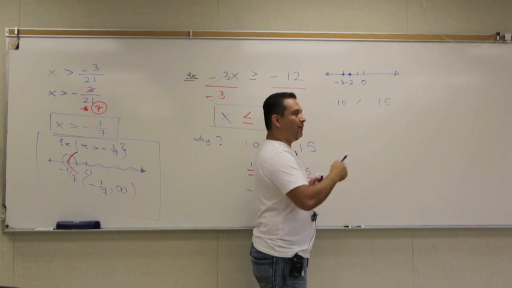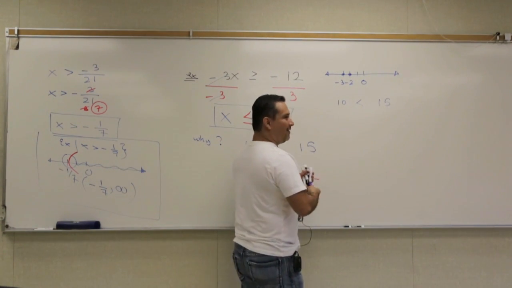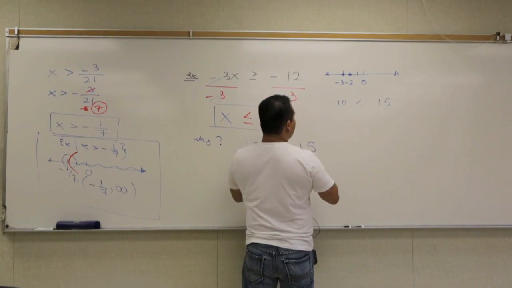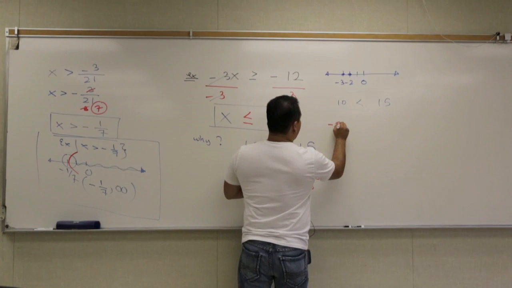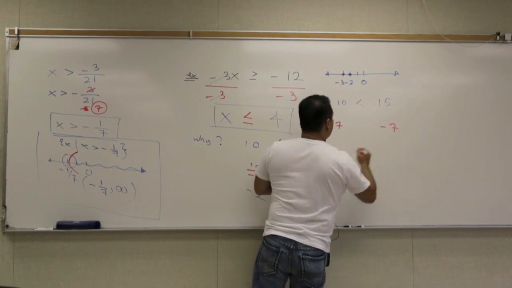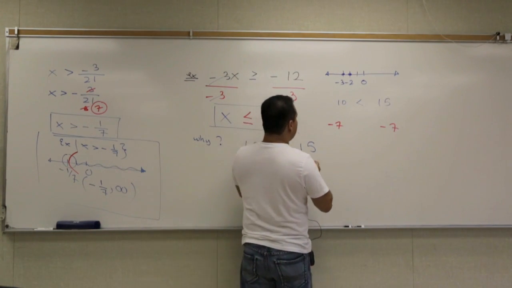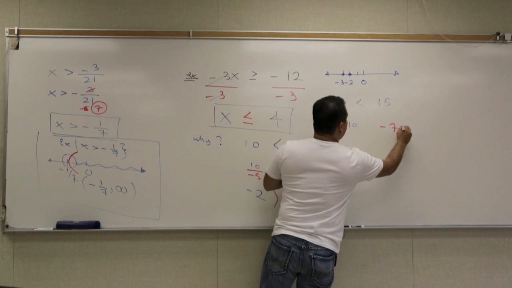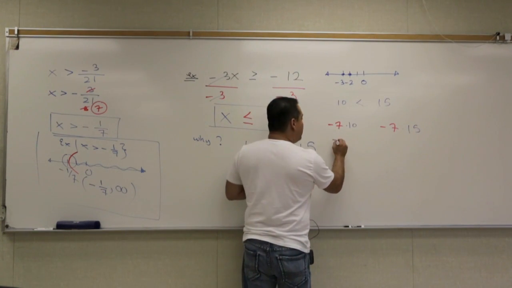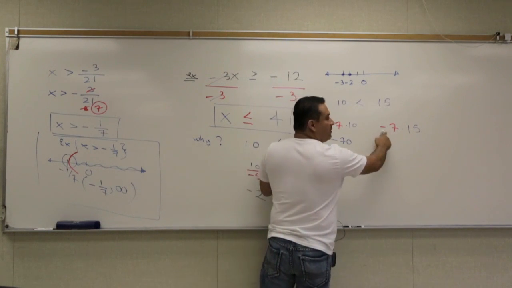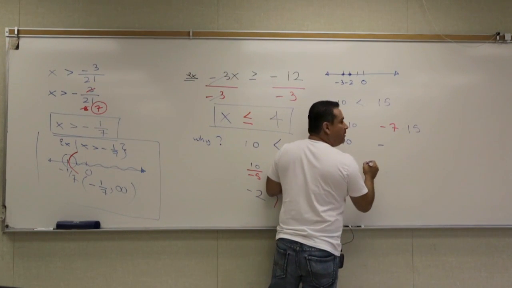Give me a negative number. Negative 7. Let's multiply negative 7 to both sides. What's negative 7 times 10? Negative 70. What's negative 7 times 15? Negative 105.